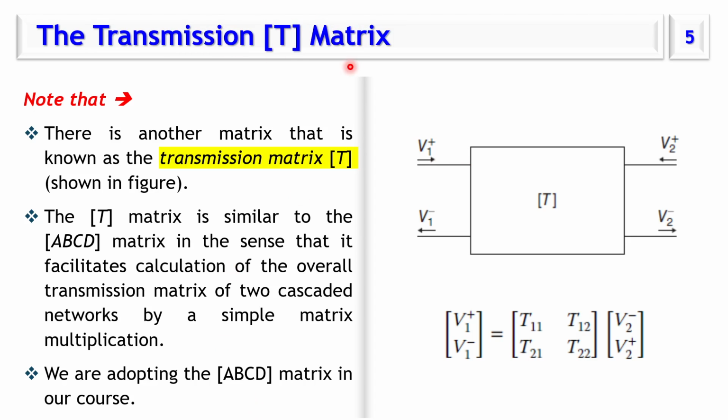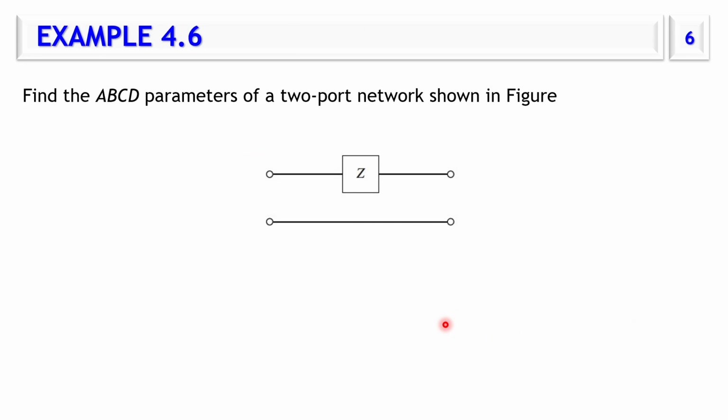I'm just letting you know there is another matrix that's also called the transmission matrix, and it's used almost the same way for cascading two-port network sections, with a different approach than the ABCD matrix, but our study will be based on the ABCD. And in RF and microwave networks, the ABCD is much more familiar and widely used than the T matrix.